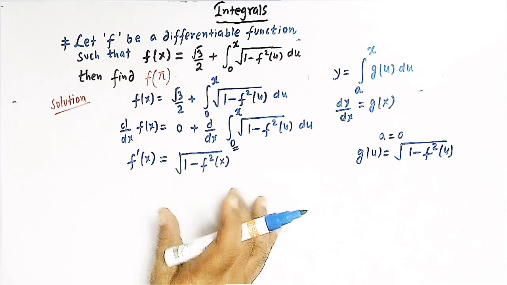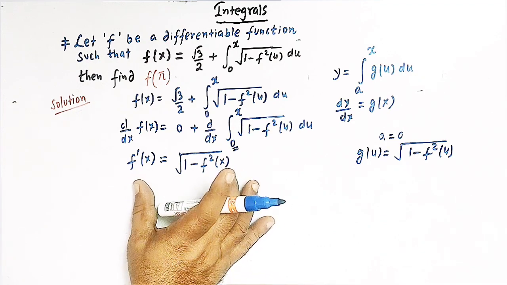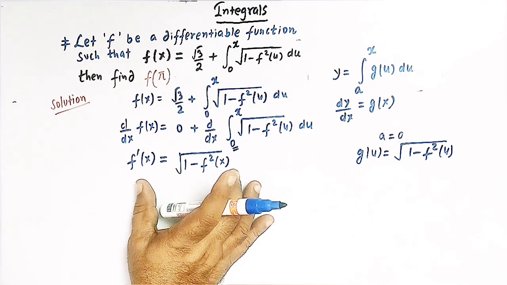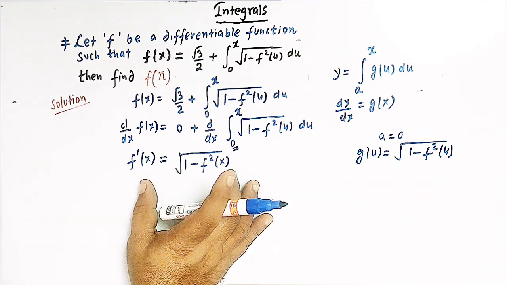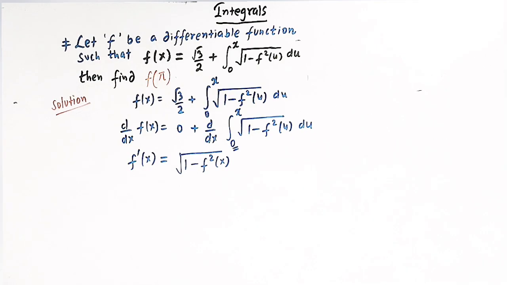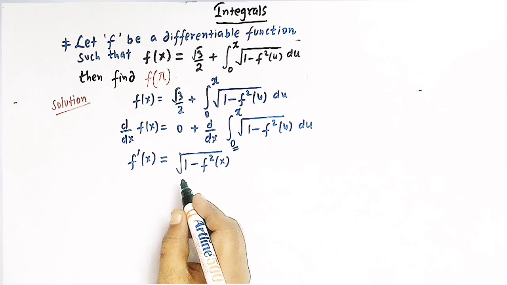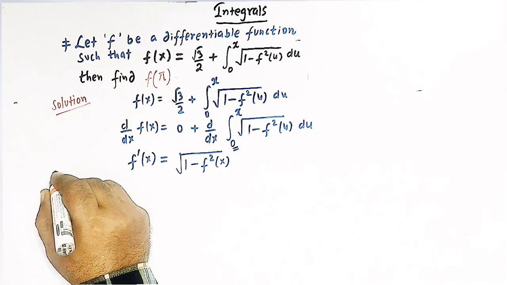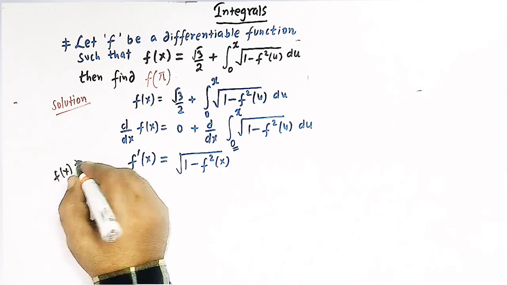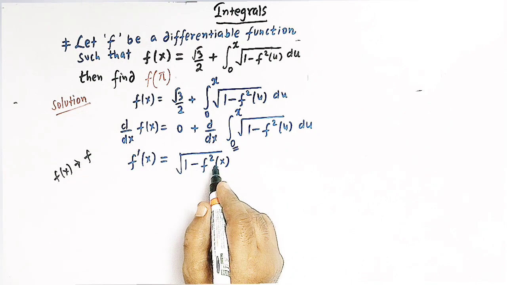And now this is a differential equation of first order and first degree. So now we have to solve this differential equation to get the value of f of x. So now to solve this differential equation, let us write f of x as simply f, just for convenience, right?